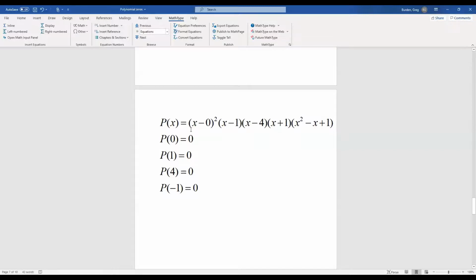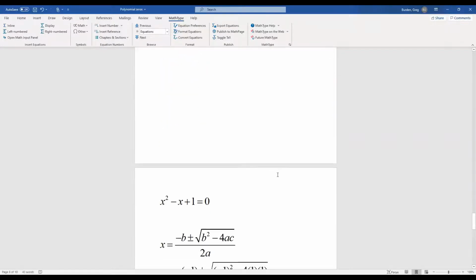And then just to be consistent with that, I wrote the x squared as x minus 0, the whole thing squared. That's just to emphasize that 0 is a 0, just like 1 and 4 and -1. We don't know anything about the zeros that come from the x squared minus x plus 1, at least not just yet. That'll be the next step here.